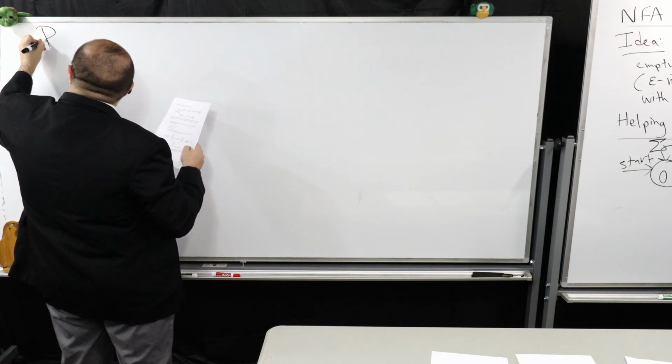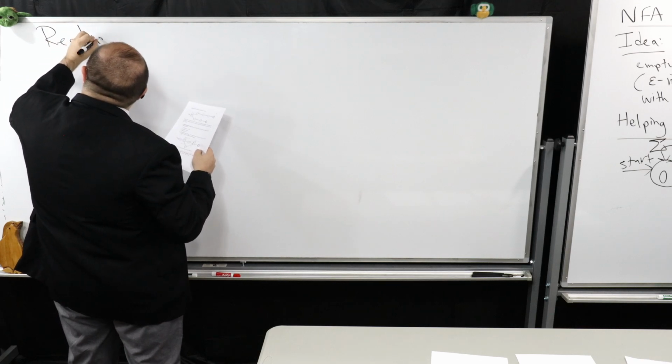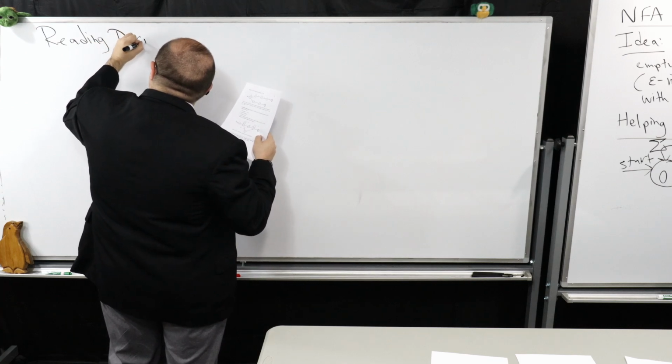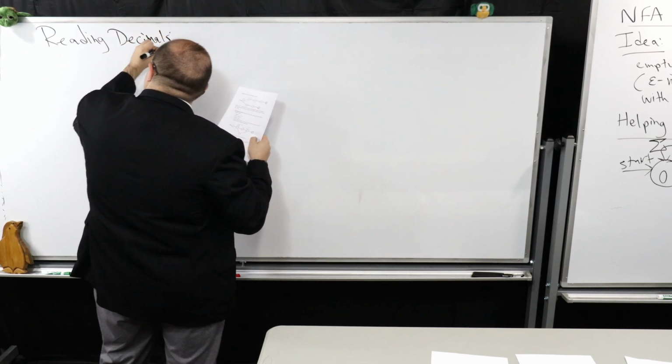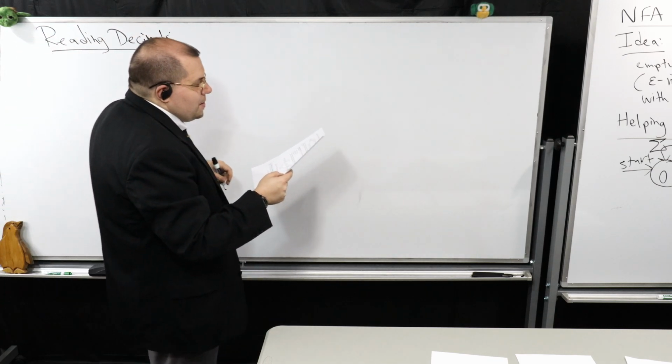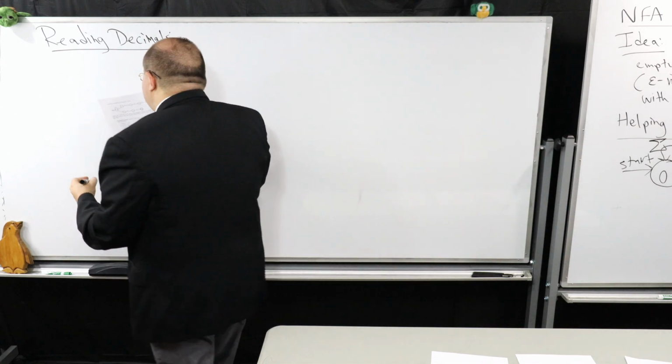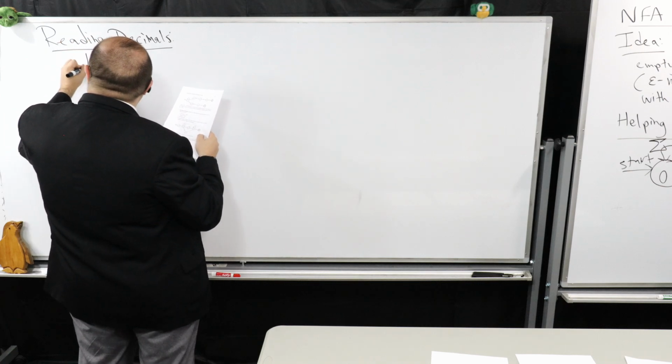I was hoping to do it today, but it ends up the proof I thought was a little bit more important. So I'm going to consider the example of reading decimals. This is a classic. What I want to do is design an epsilon NFA that accepts strings of the following format.